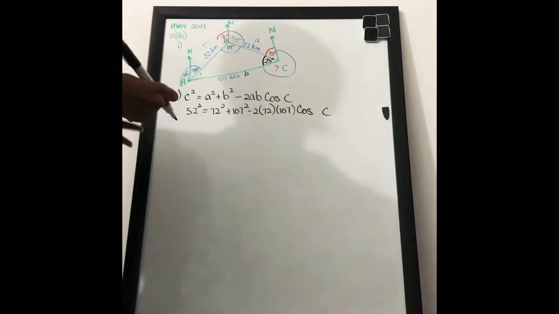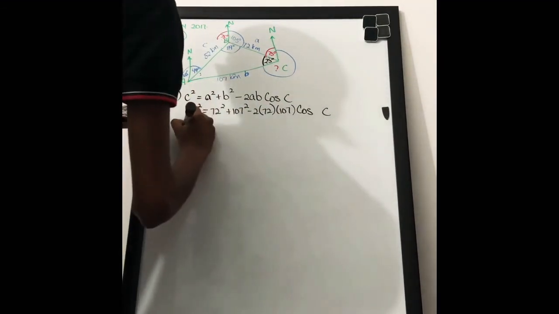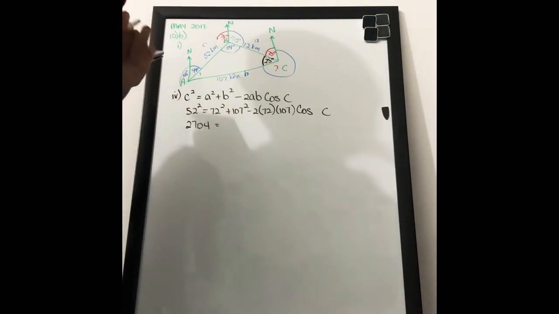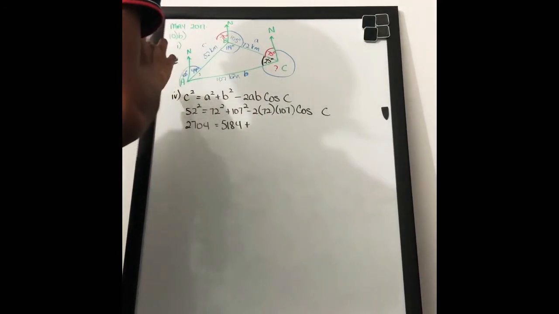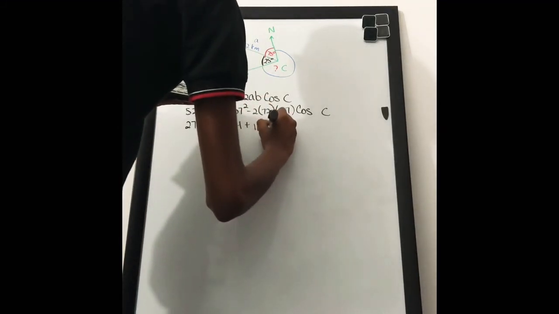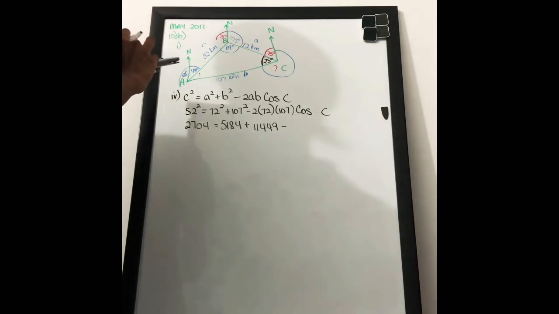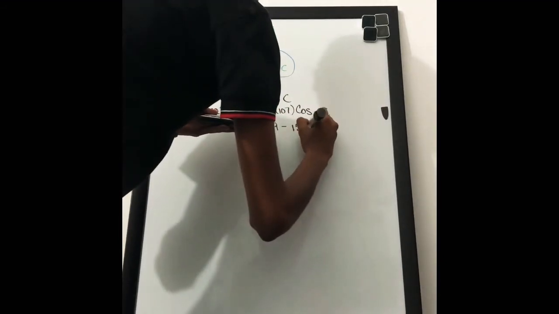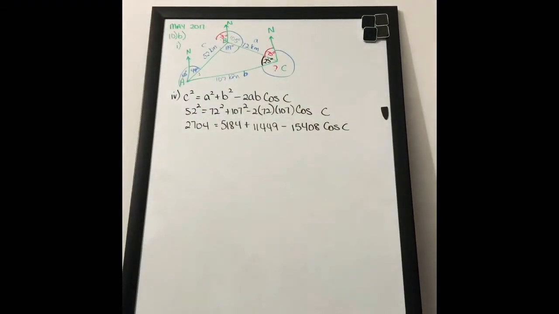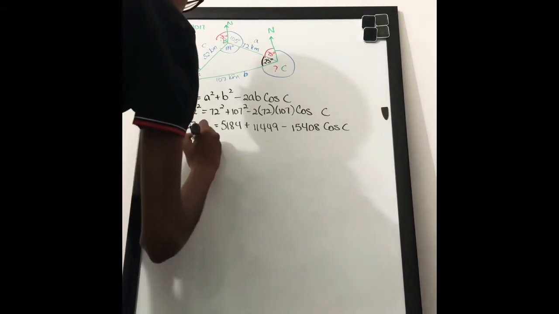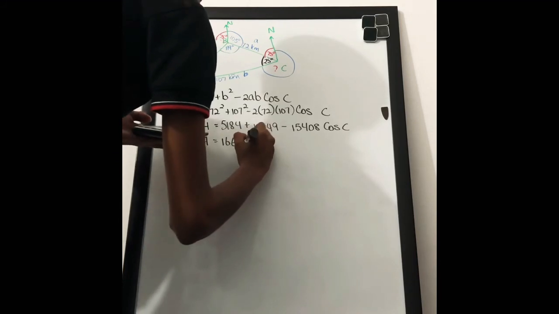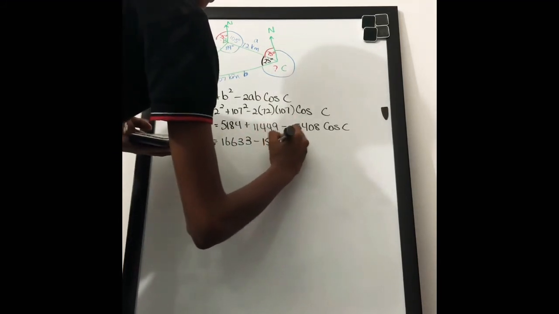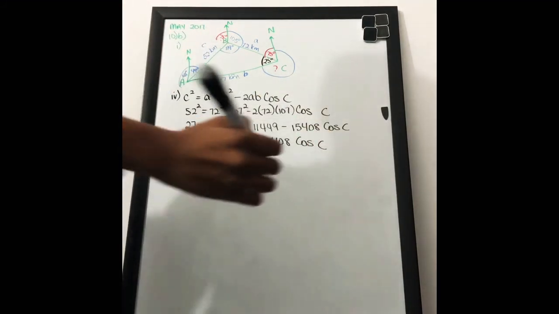Cos C. So 52 squared is 2704. 72 squared is 5184, plus 107 squared is 11449, minus 2 times 72 times 107 would give us 15408 cos C. So 2704 equals, when we add this here, 5184 plus 11449 would give us 16633 minus 15408 cos C. Now we're taking this across to the left hand side.